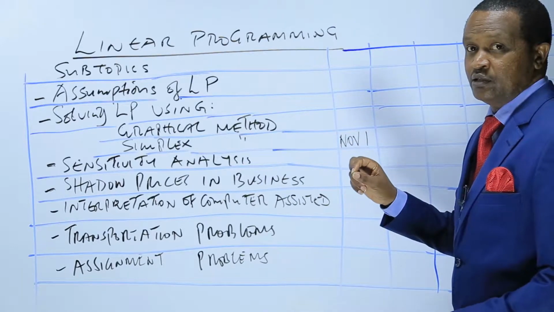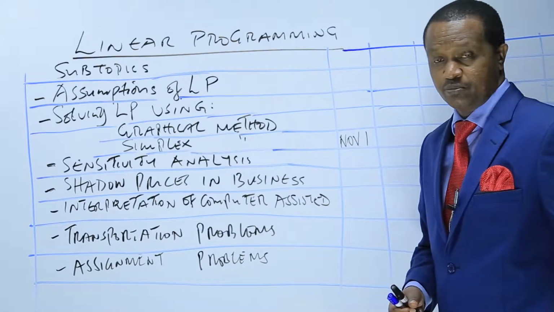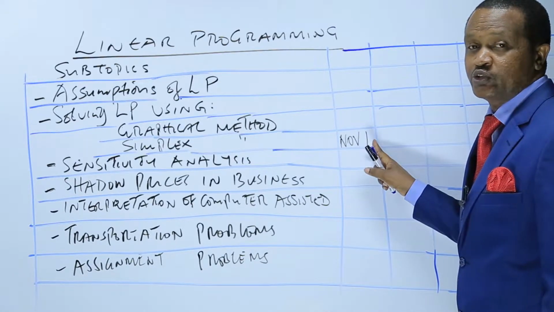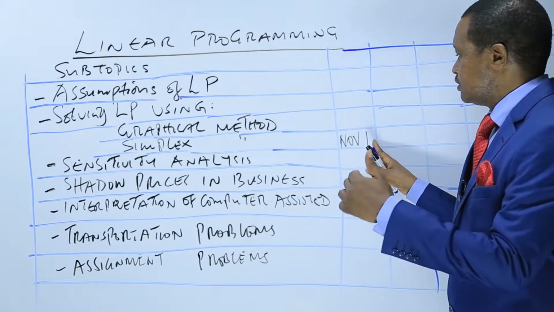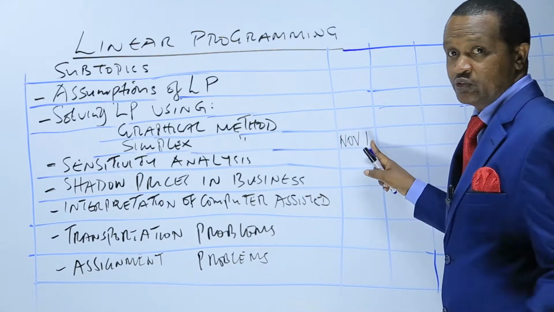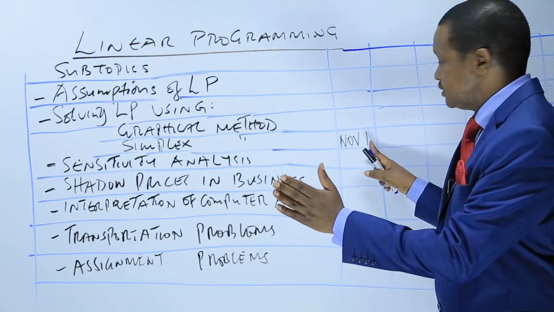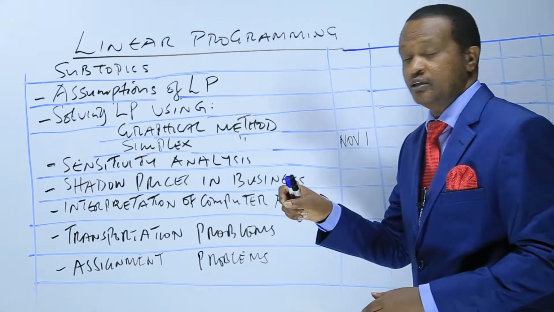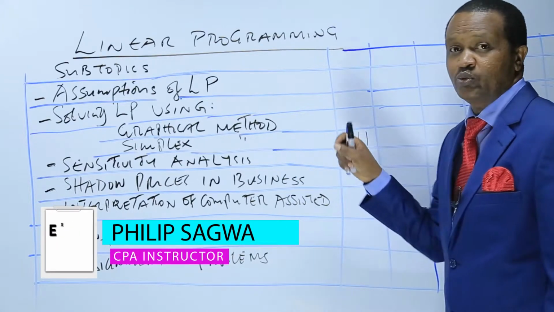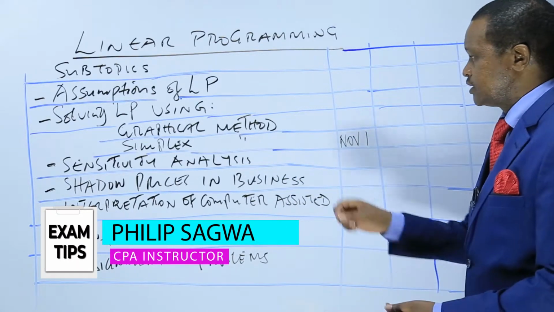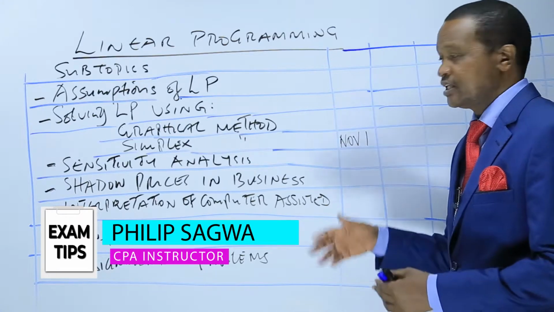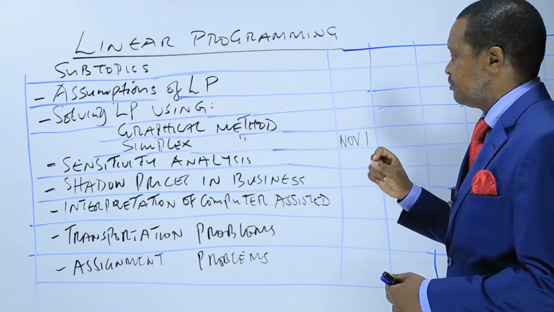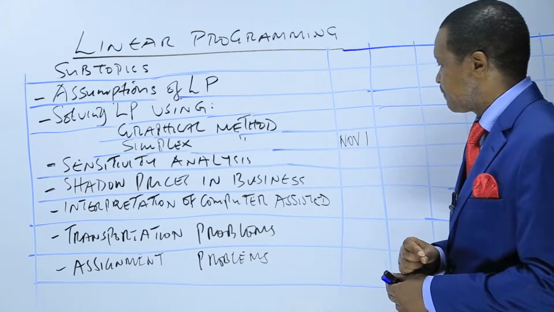Then I will either check the answer from the back of this book, or I'll go to the block revision section, because we have done all these questions in our block revision series. So I will check what I have done and what the lecturer has done, so that I mark. Then immediately I review my answers to see where I may have missed.